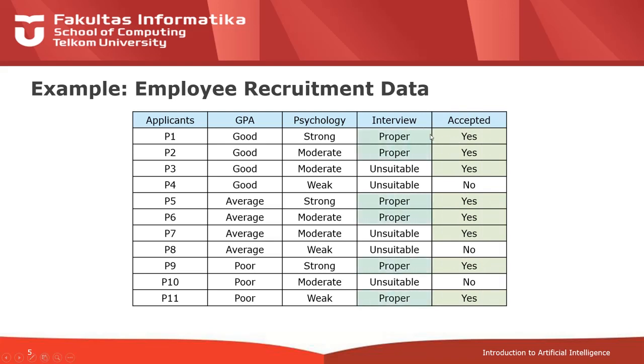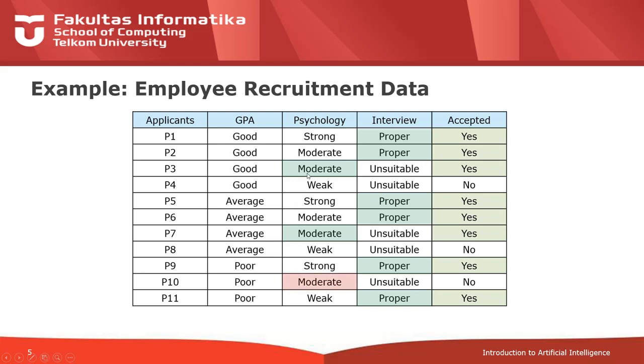As you can see, even if these applicants have a proper interview, they are yes, but there are also other applicants that do not have a proper interview and it's still accepted. Okay, so what will be the decision tree for this one? Okay, maybe it's because the psychology is moderate.